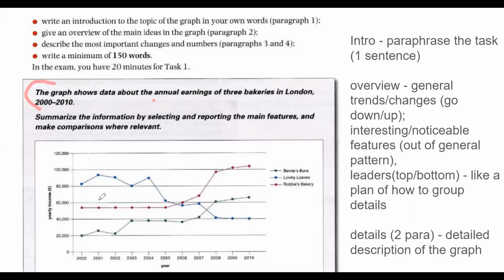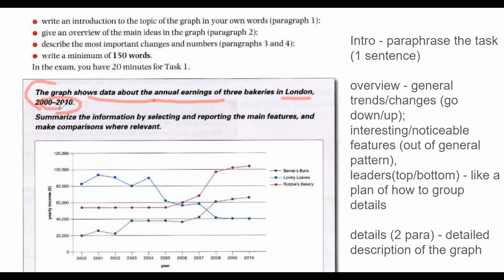Usually right above the graph, you will see some information about it, including what the graph is about, the location. Usually it's related to a particular country or city, and of course the time frame. This is only relevant for that kind of graphs where we have a particular period and change within time.